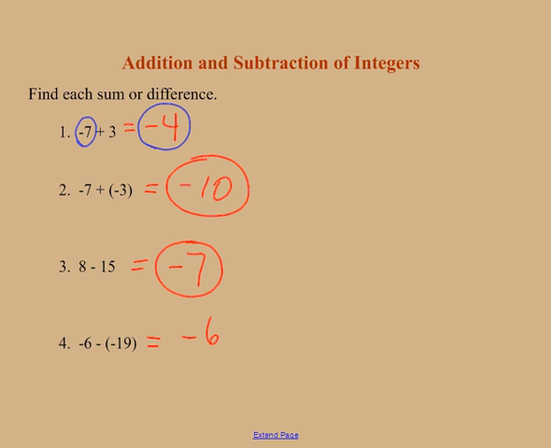So this problem is the same as -6 plus +19. All right, which can also be thought of as 19 minus 6, which is 13. All right, so addition and subtraction can be done on a number line, but if you remember the rules, you certainly don't need to do that.